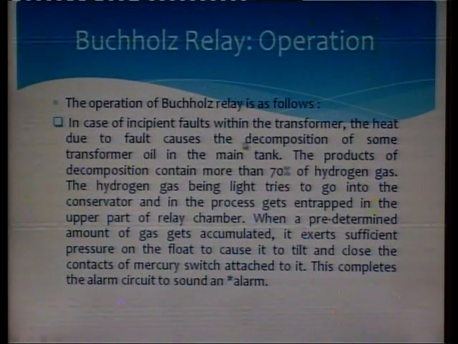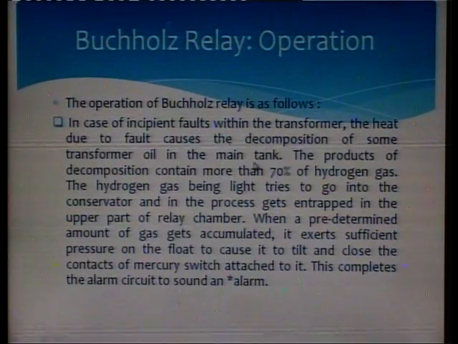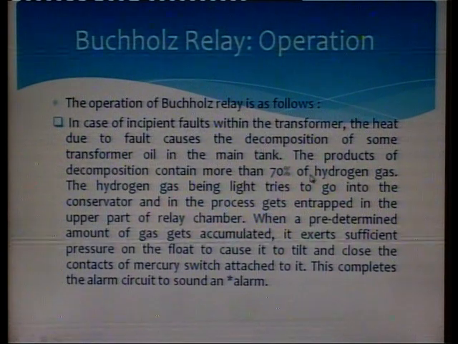So that oil takes the form of a gas. The products of decomposition contain more than 70% hydrogen gas. The hydrogen gas, being light, tries to go into the conservator.